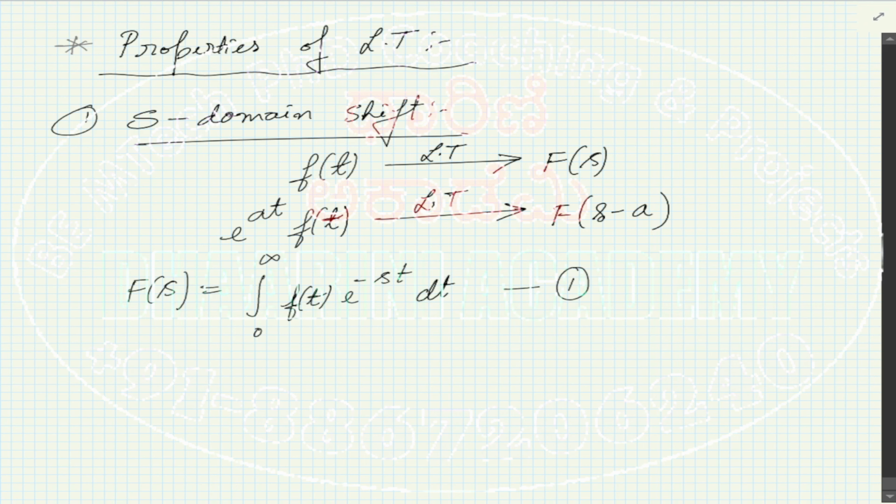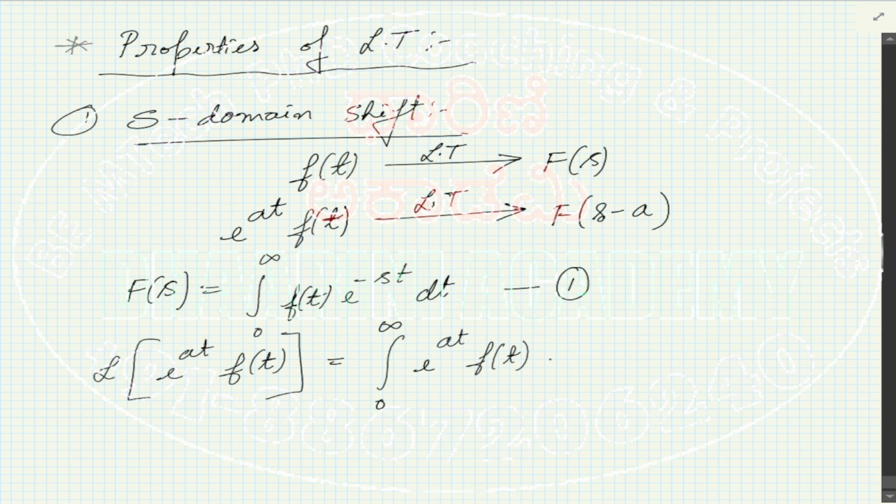How to obtain F of s from f of t, the standard equation of Laplace transform. Now I start from the left hand side and I try to find the Laplace transform of e to the at into f of t, which is nothing but integral 0 to infinity the function e to the at f of t into e to the minus st dt.